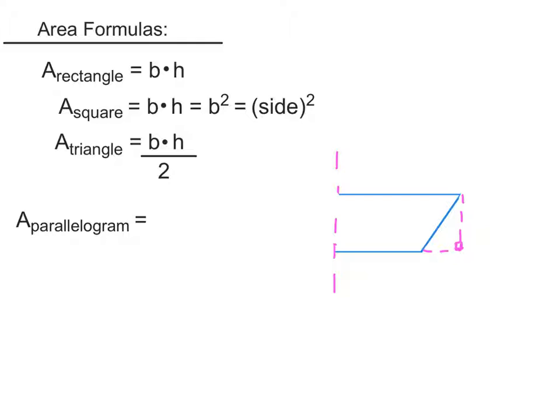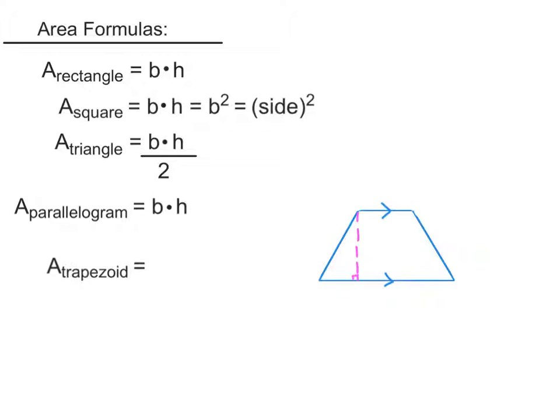So if I trace the complete figure in purple, so now you'll see, what am I looking at? I'm looking at a rectangle. What's the area of a rectangle? Okay, we know this, base times height. So if the area of a rectangle is base times height, I've given you two ways now to justify that the area of the parallelogram is also base times height.